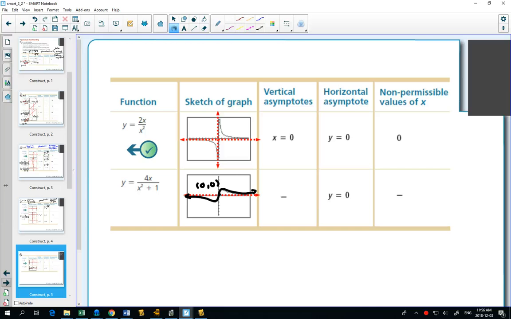So the question becomes, how can our graph go through an asymptote? Well, first of all, we have to remember that horizontal asymptotes don't say things about non-permissible values. Horizontal asymptotes say things about when x gets really big, either big positive numbers or big negative numbers. As x gets really big, the top would become 4 times a million if x was a million.